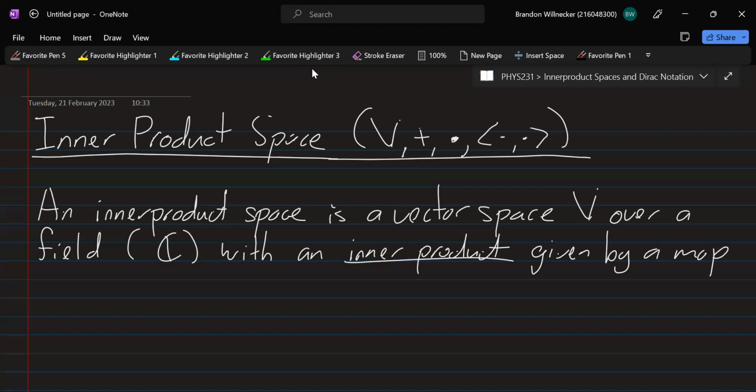So this inner product is just a map. It's a map with a funny name. Usually when we provide maps, they're called f and g and so on. But like we saw last time, the vector addition is a map that just has the name plus, and the scalar multiplication is also a map, but we use dots.